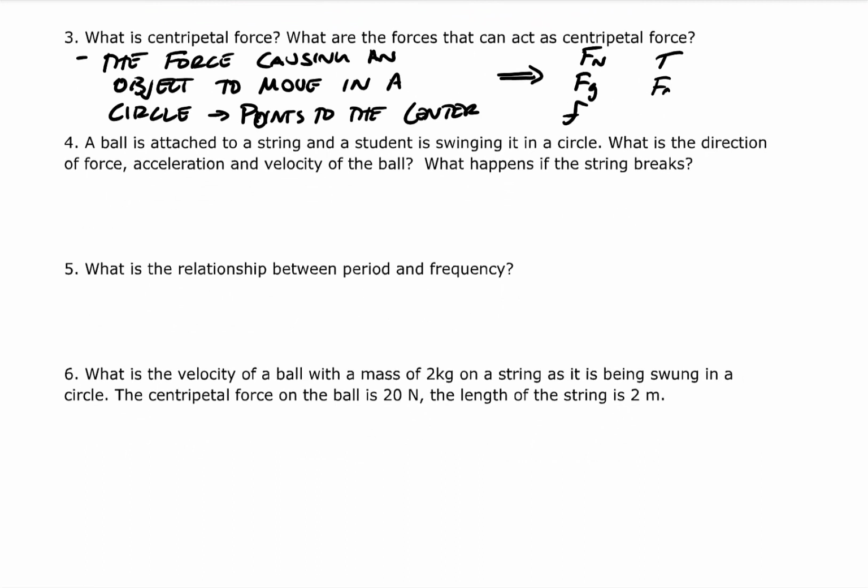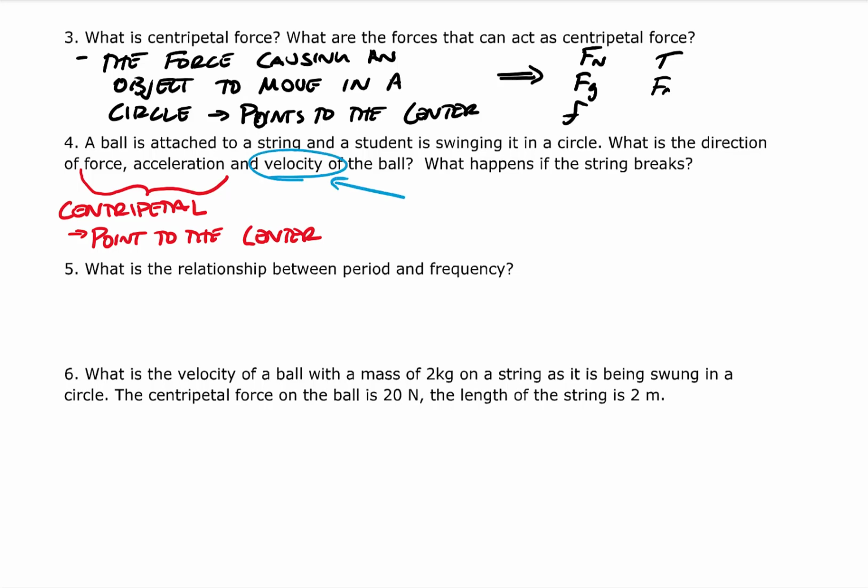A ball is attached to a string and a student is swinging it in a circle. What's the direction of the force, acceleration, and velocity of the ball? What happens if the string breaks? Force and acceleration are centripetal because we're moving in a circle, and that means they point to the center. Velocity, well, the speed will be tangential.